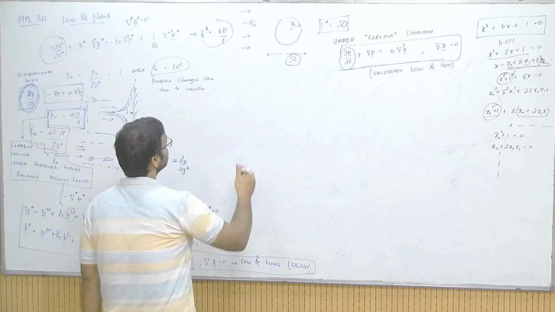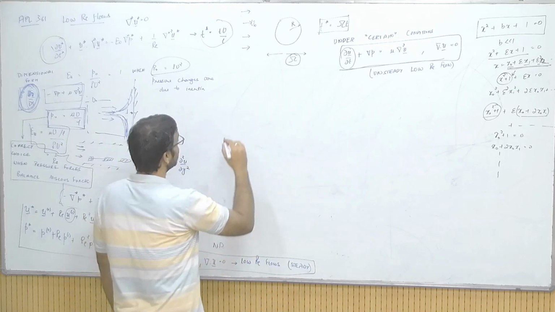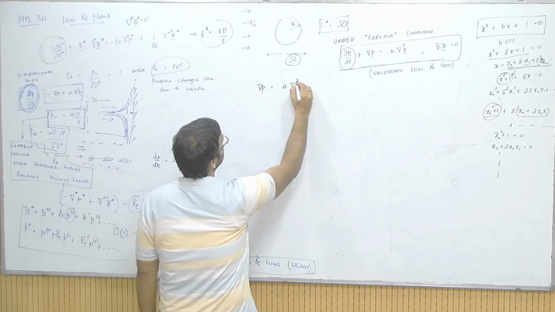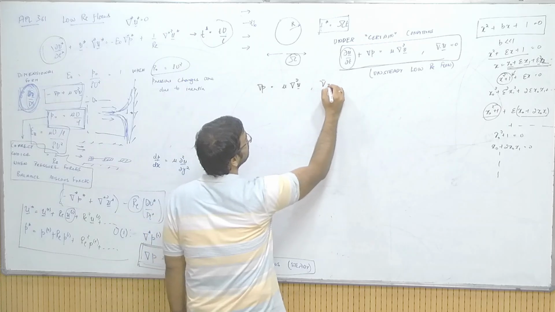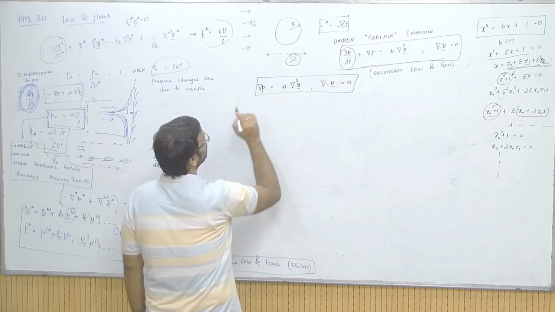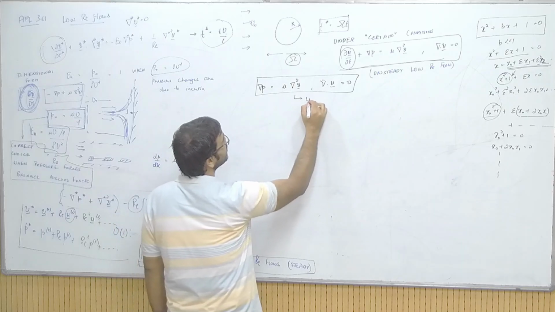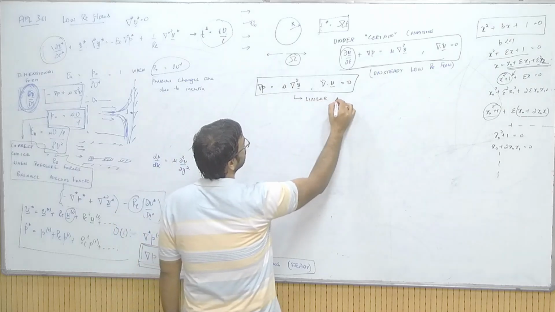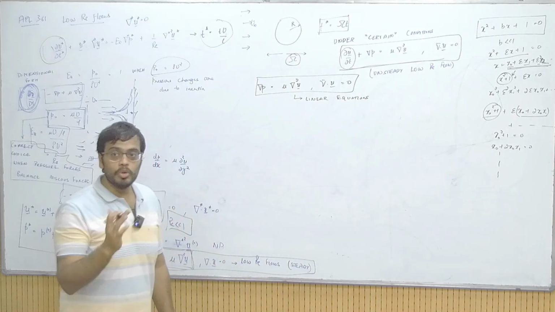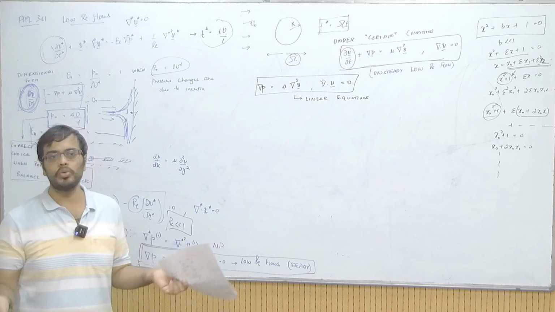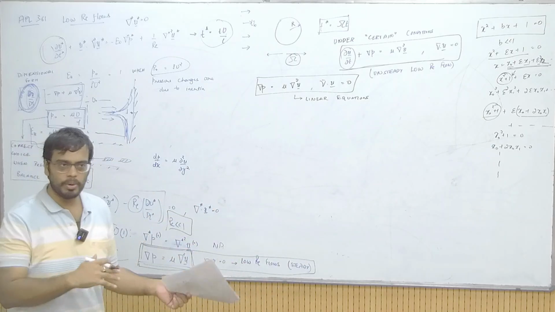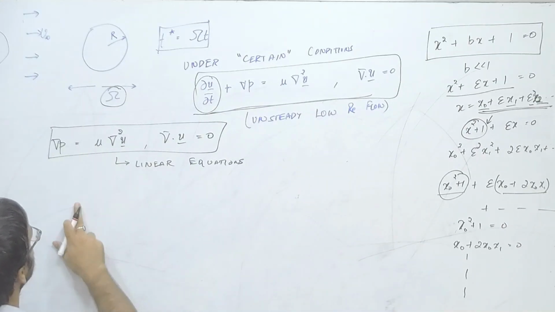Let us first look at steady Stokes flows and a few examples of that. We have these as our governing equations. One thing you can straightforwardly see is that these are linear equations, so you can superimpose different Stokes flows to form new Stokes flows.